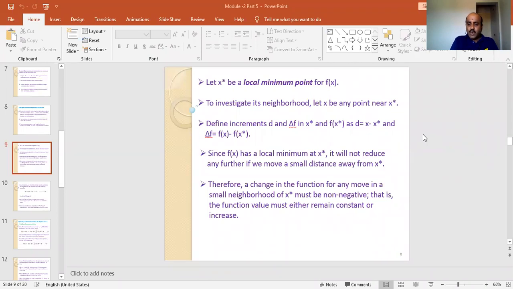So these are the terminologies you should remember.